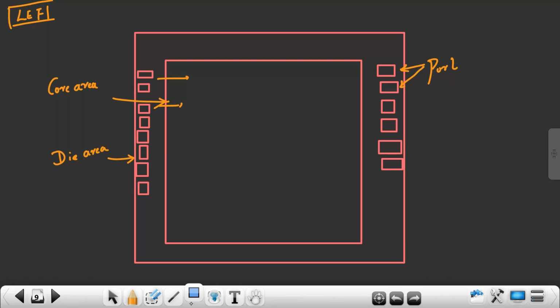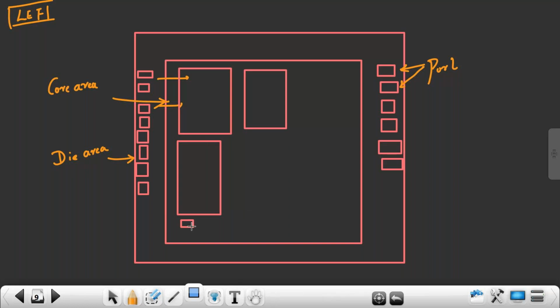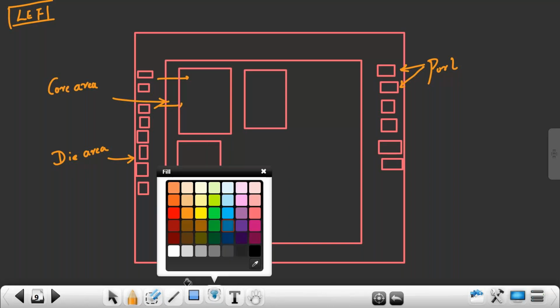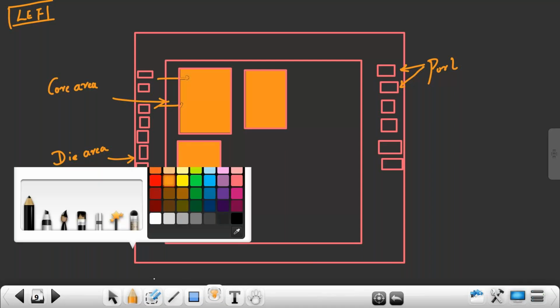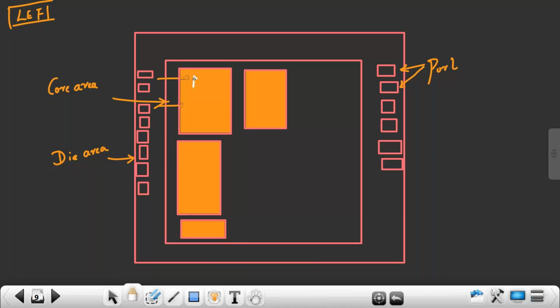Those are called macros. If you have any macros in the design, you use them. These blocks which were already used in the previous project, I am reusing. I already have the layout for this, so I am directly reusing it. So place these macros first. This is a macro.